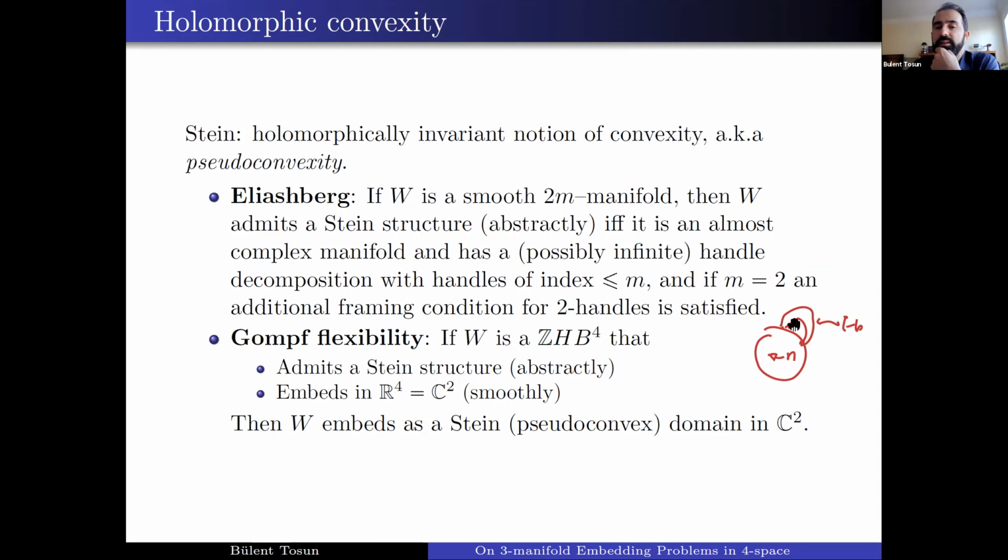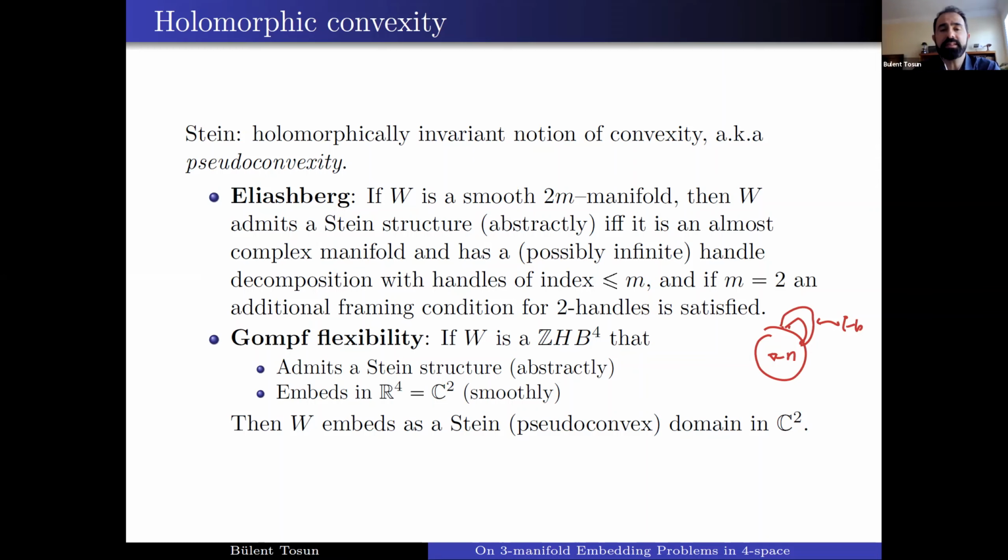The reason is that if that was the case, first of all, the attaching circle has to be a slice knot. But then when that is the case, you can put together the core and that slice disk to get an essential sphere with self-intersection 0. Again, that's not possible. So being Stein inside C2 is a bit more restrictive.